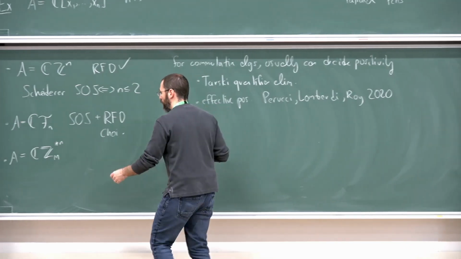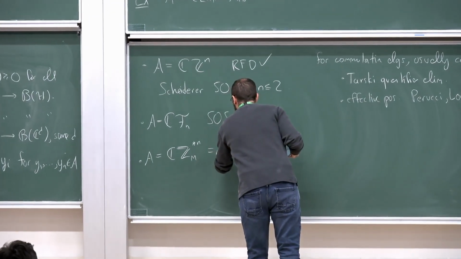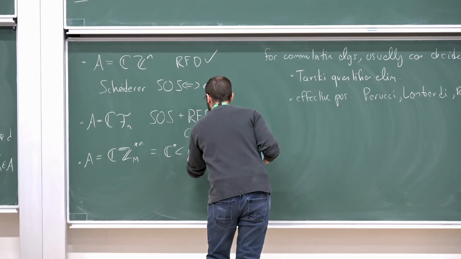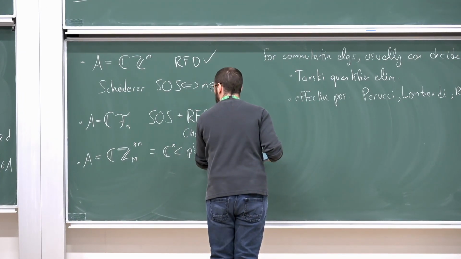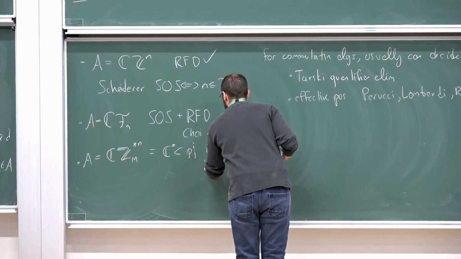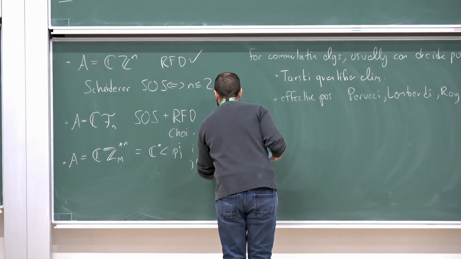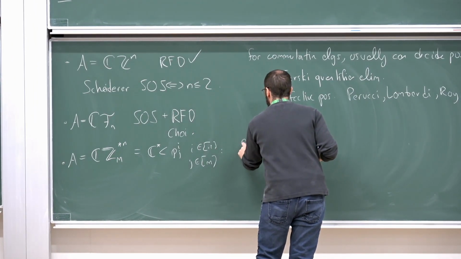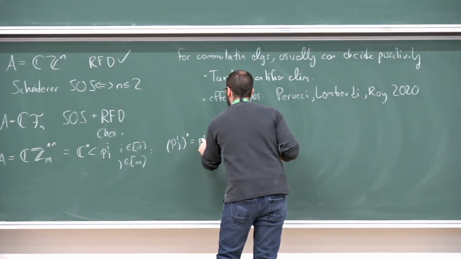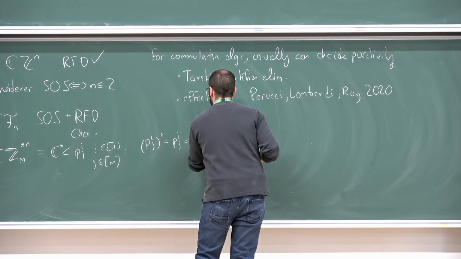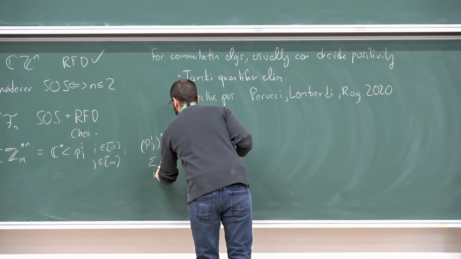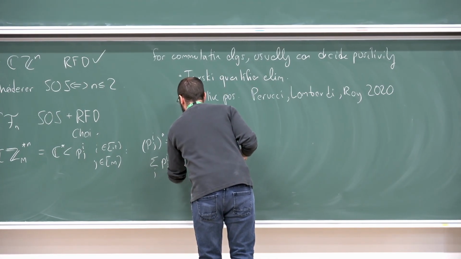Which is the same as the algebra, if we give it in terms of generators and relations, generated by P_{i,j}, i going between 1 up to n, and j going between 1 up to m, where each one of these elements is self-adjoint and a projection. Okay, and the sum over j of P_{i,j} is equal to 1.